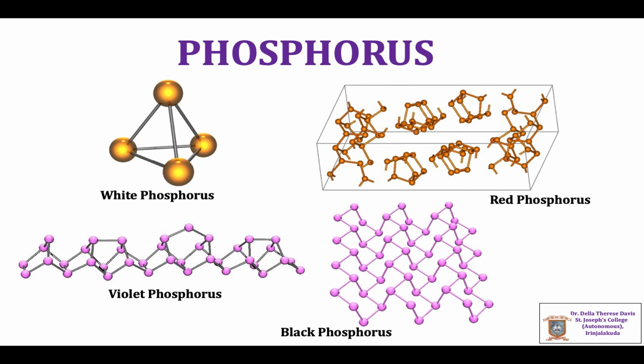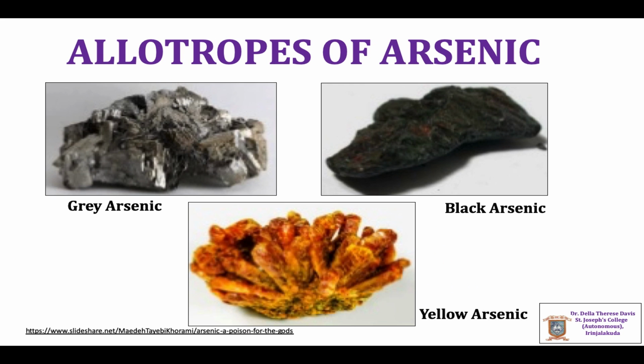Red phosphorus is formed by heating white phosphorus at about 300 degrees Celsius in the absence of air. The red phosphorus exists as an amorphous network. Black phosphorus is the most stable form of phosphorus. The allotropes of arsenic are grey arsenic, yellow arsenic and black arsenic.